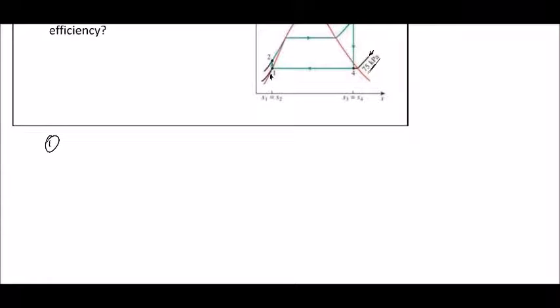So P is equal to 75 kilopascals. And since state 1 is also on the saturation curve, we know that it is a saturated liquid, meaning the quality is equal to 0.